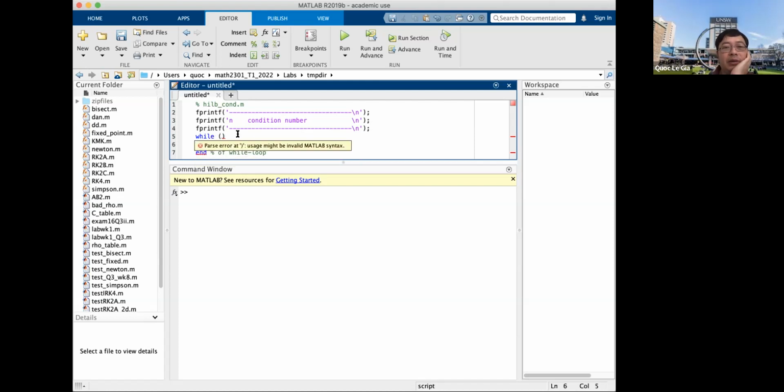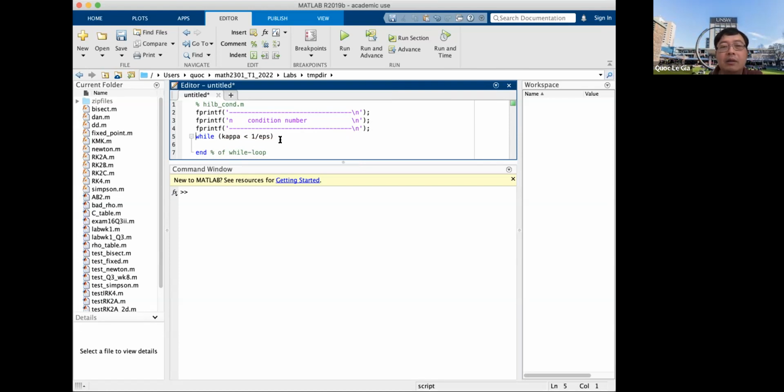Kappa less than 1 over epsilon. Yes. But then what is kappa? When it hits line number 5, it will say that kappa hasn't been defined.